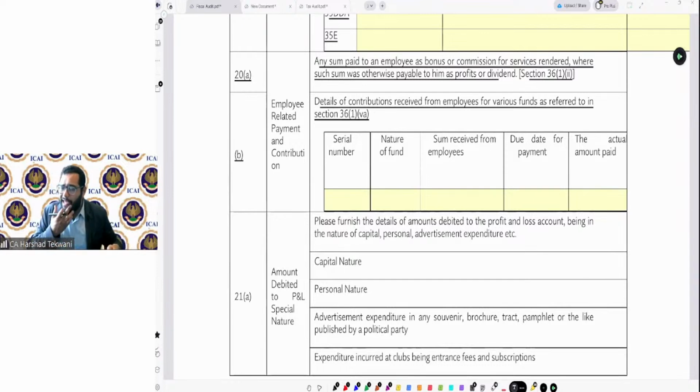Basically, 36(1)(va) gives a reference to your exempt incomes or the contributions. So accordingly, you need to see from a holistic point of view.